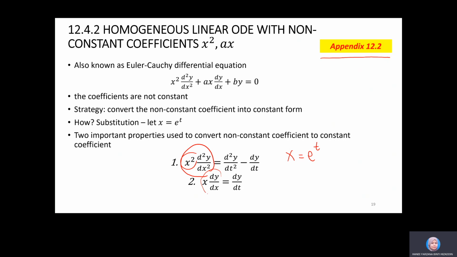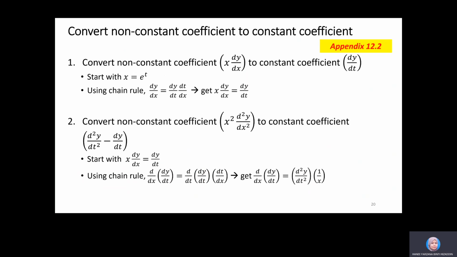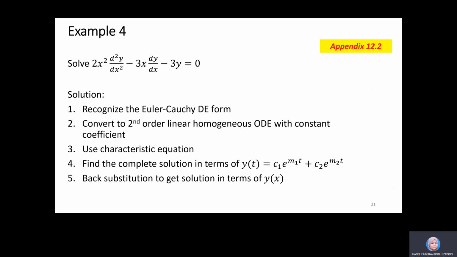And then you also convert the second term x dy dx into just dy dt. Thus, you will end up with something similar to what we have in the homogeneous constant coefficient case. We don't cover this in this class, but you can read through the steps in appendix 12.2 and follow this example.